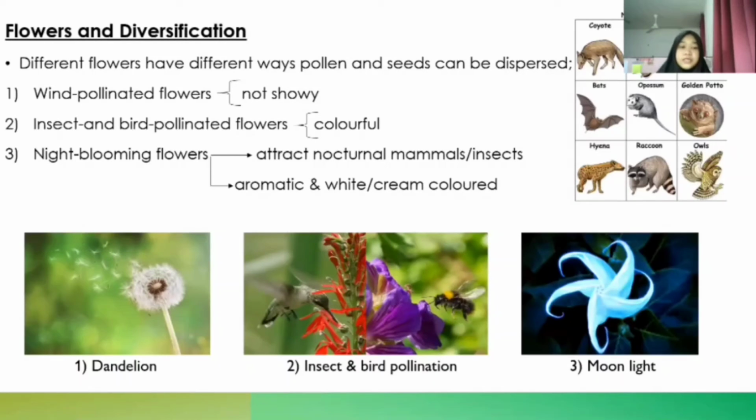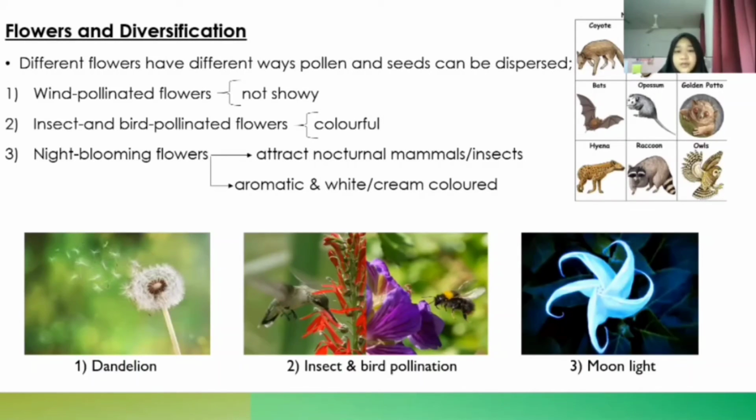One of the flowers is the wind pollinated flowers. They are not showy because they don't have to attract the pollinator. They don't require the act of a pollinator, as the wind pollinated flowers disperse their pollen by wind. Second is the insect and bird pollinated flowers.